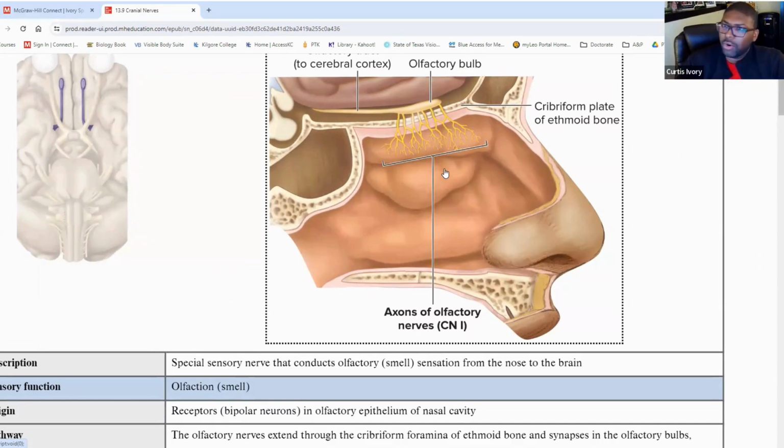That aroma that's being given off gets sucked into your nose and attaches to these axons. Those axons are going to send action potentials to the olfactory bulb. The olfactory bulb is then going to send an action potential to the brain. The brain is going to interpret it and tell the rest of the brain, oh, this is coffee, or this chemical is safe.